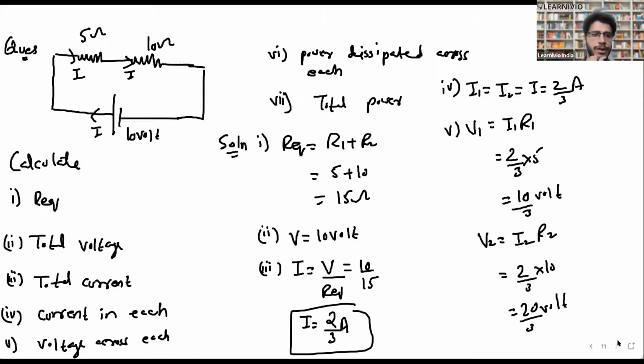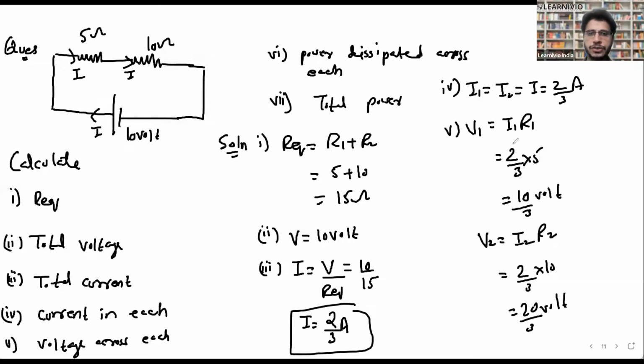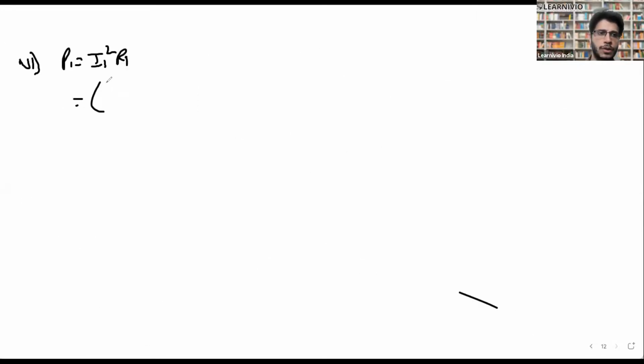6, power dissipated across each. Power dissipated is comparatively easy. Power dissipated is I1 square R1. So what is the current flowing through the first resistor? I1 is 2 by 3. So this is 2 by 3 square into R1, which is 5. So it's 20 by 9 watt. Yes, Abdullah, you are right.